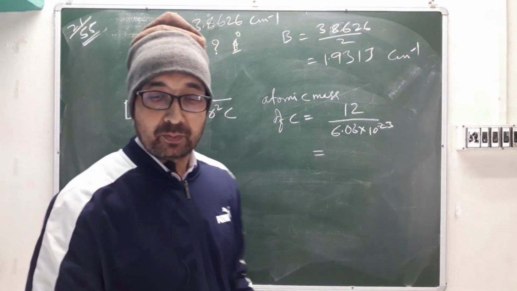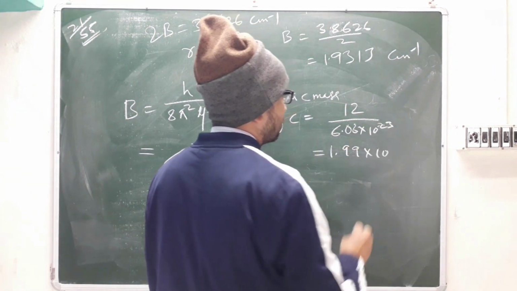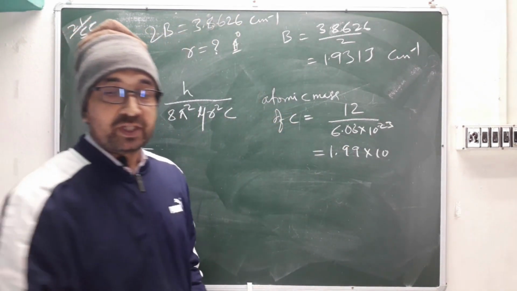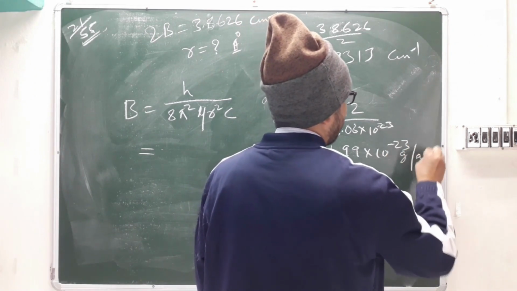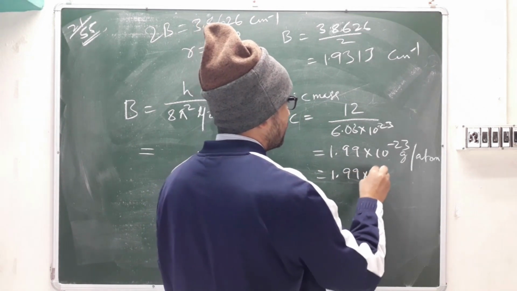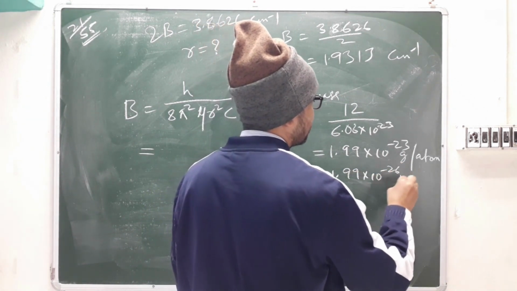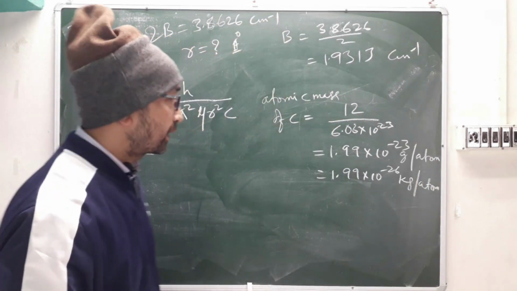It should be 1.99 into 10 to the power minus 23 gram per atom. It means it will be 1.99 into 10 to the power minus 26 kg per atom, correct?